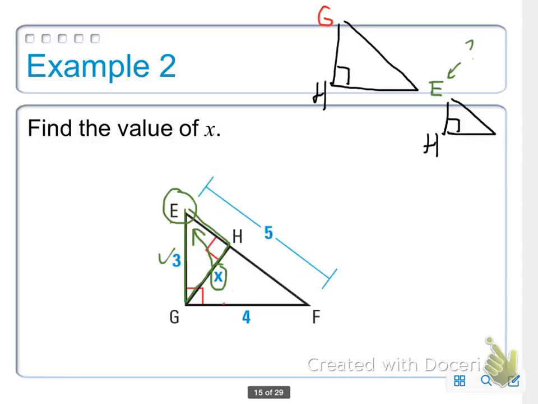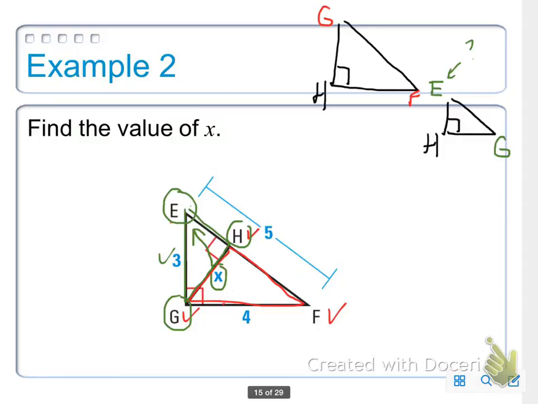In the medium triangle, we've already used G and H, so the only other one is F. In the small triangle, we've already used H and E, so the only thing we still need is G, so this must be G.